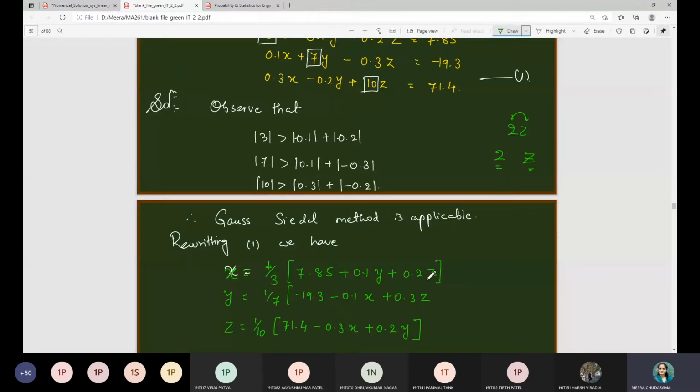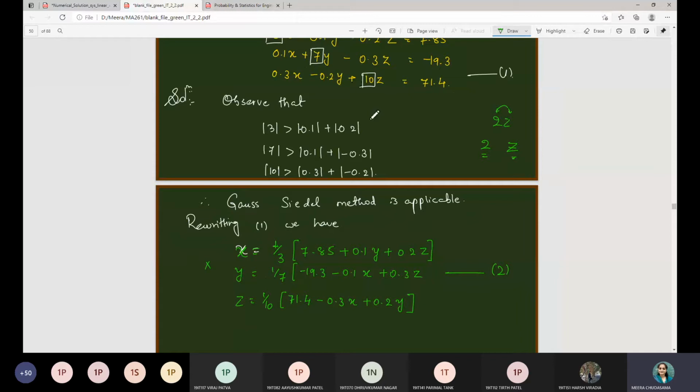Whenever you write these rewritten equations, at that time just verify these entries once again with the signs, because this is the entire thing which you are going to repeat again and again in the iterations. If any of these entries are incorrect, then your entire sum will also be incorrect.